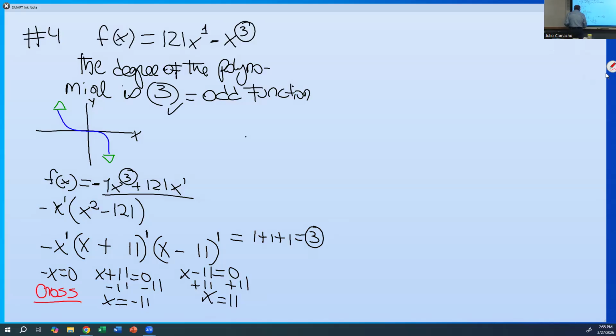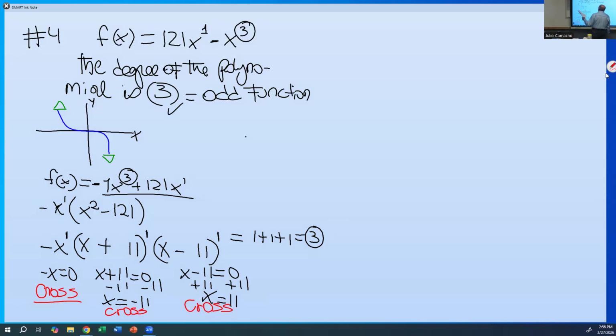Then the second factor, when x is negative 11, the multiplicity is 1, which is odd. So when x is equal to negative 11, the line will cross the x-axis. The last factor, when x is 11, also has a multiplicity of 1, and then the graph will also cross the x-axis when x is 11.